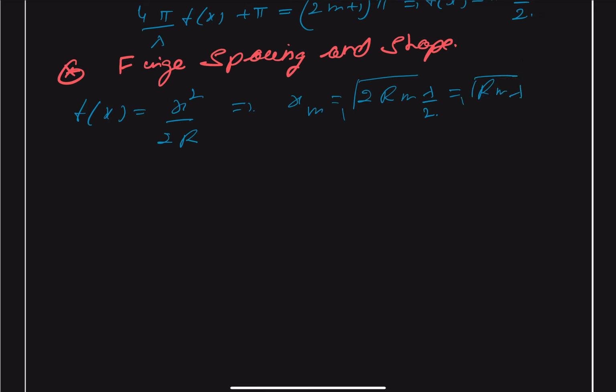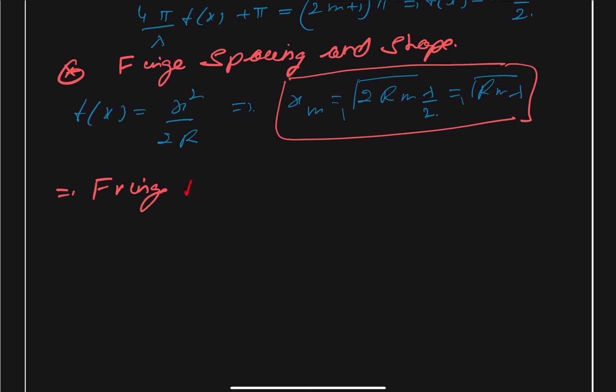Okay. So based on this equation we can say that fringe position grows as square root of m.